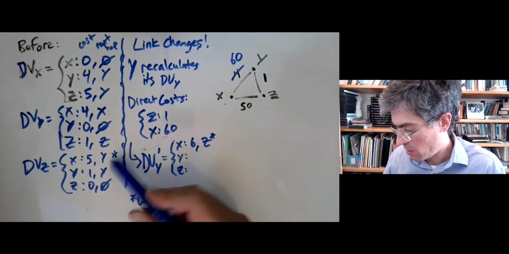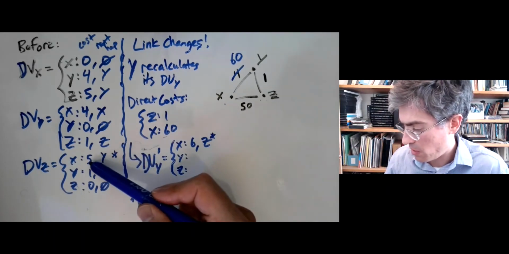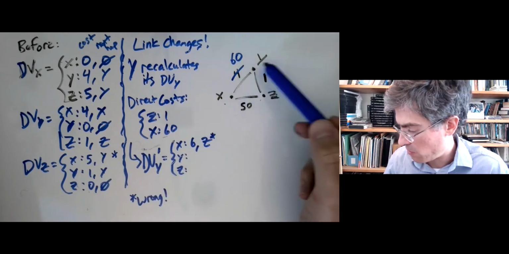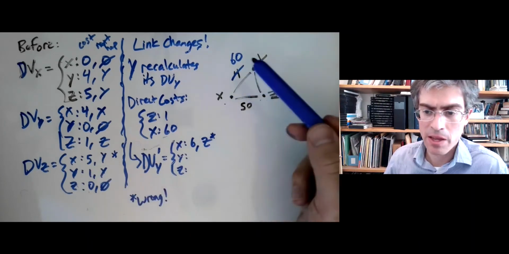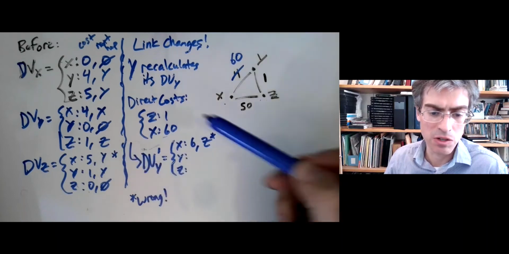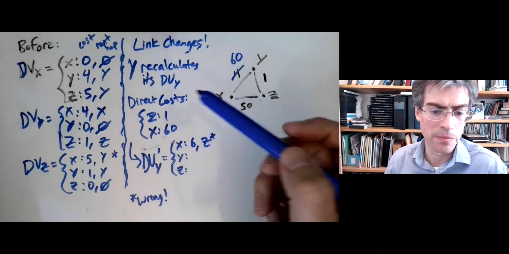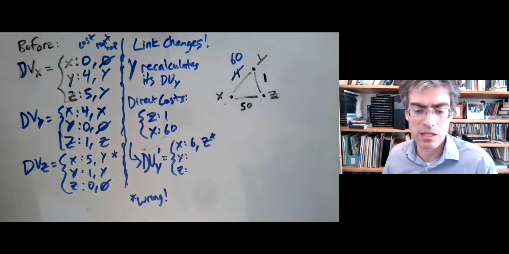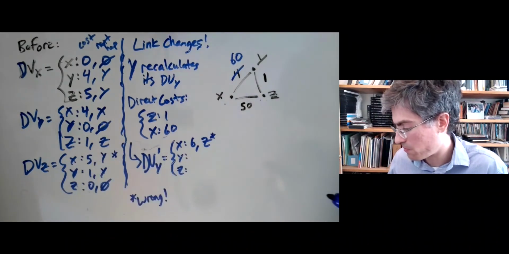This distance vector we're storing from Z is still using old information about reaching X that was 5, which made use of the path through Y. You see that? 1 plus 4 is where this 5 came from. That 4 is no longer valid. Now it's 60. So really this should be 61. And the comparison we should have done was 1 plus 61 is 62 compared to 60 plus 0 is 60, and we should have actually gone straight to the 60. But we don't have that information. We just have the out-of-date distance vector from our neighbors.